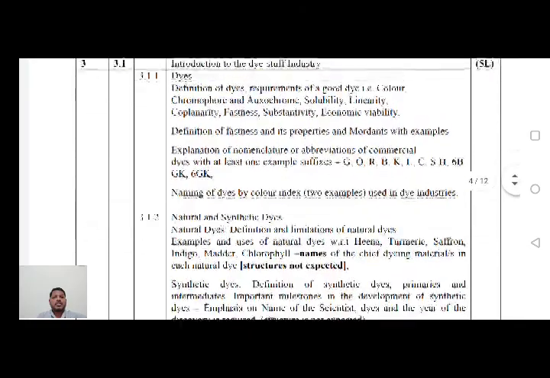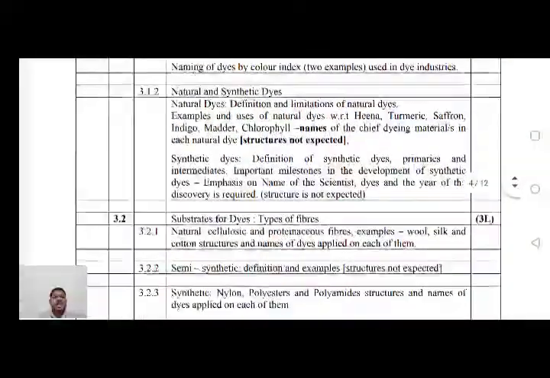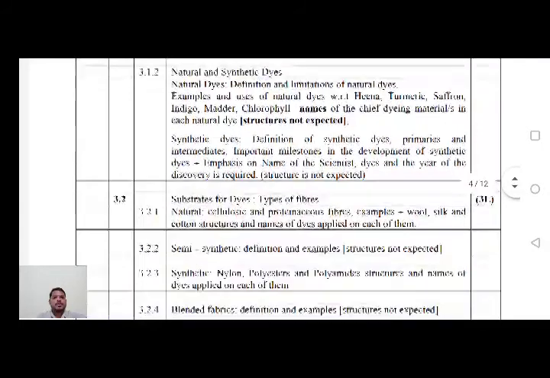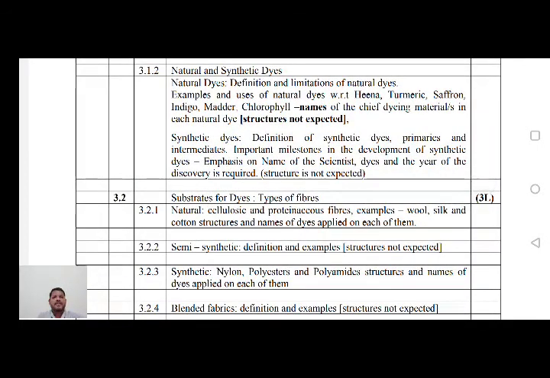Next, natural and synthetic dyes. In natural dyes, the definition and well-known examples such as henna, turmeric, saffron, indigo, etc. They have some limitations.